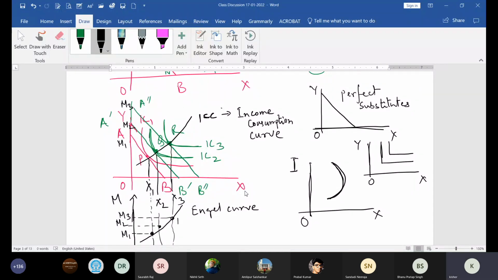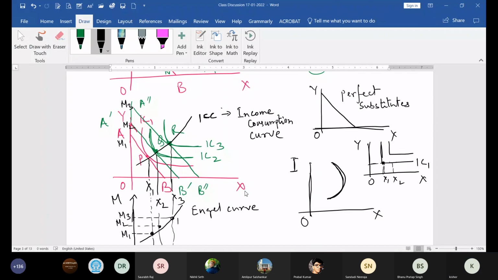Same is the case. Suppose you are on an indifference curve, with a certain level of y. You are consuming more and more quantity of x, increasing from x1, then x2, without increasing y.